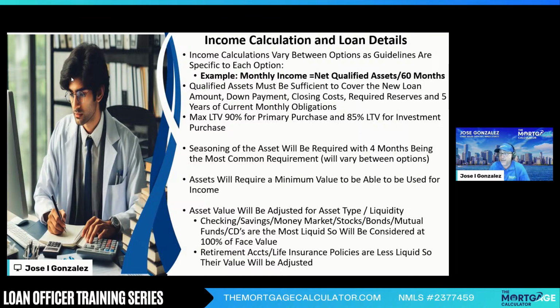So again, no worries about tax returns, tax transcripts, variable income, commission, or continuity for three more years, or any of that stuff. Just basic seasoning of the asset type, minimum asset value, and calculate qualified assets divided by the number of months, and you are good to go with your income.